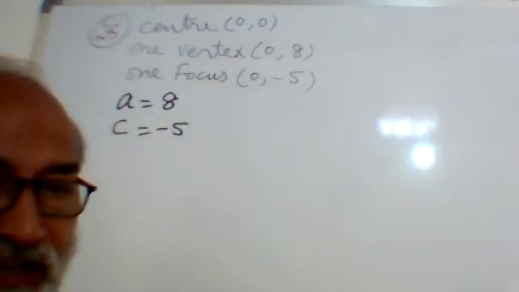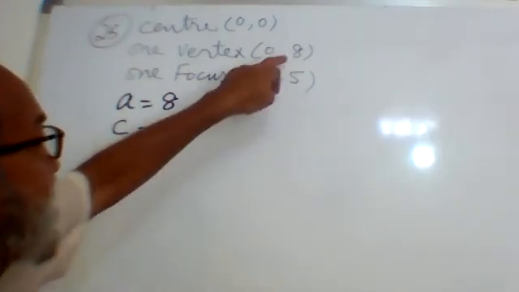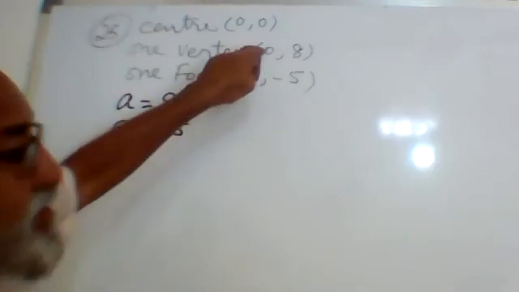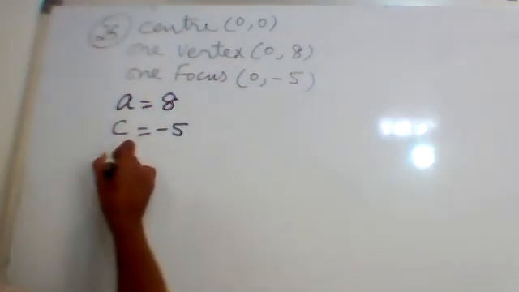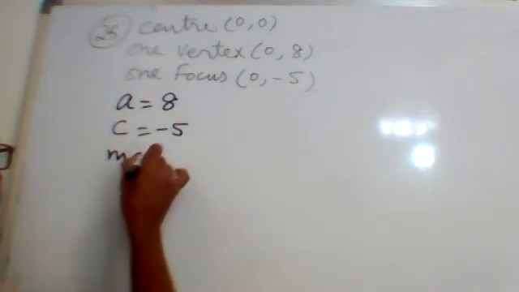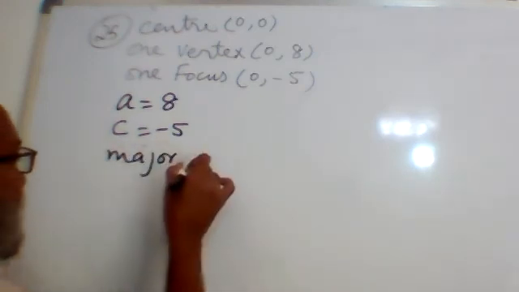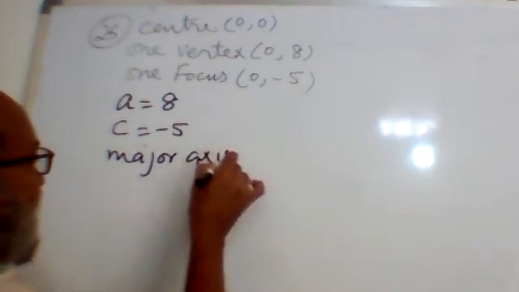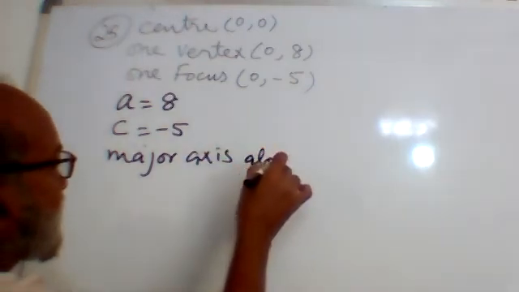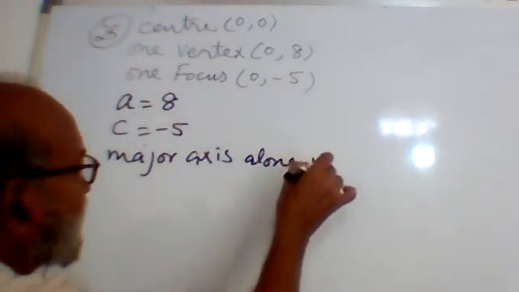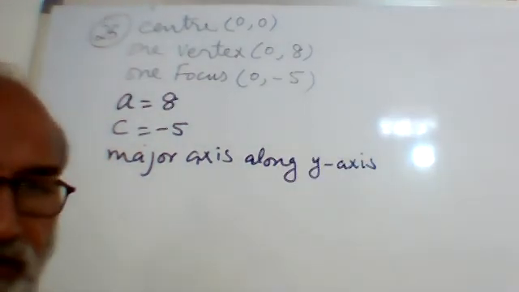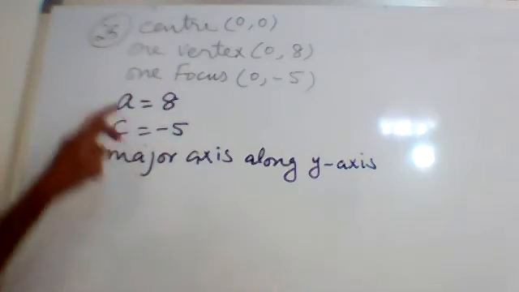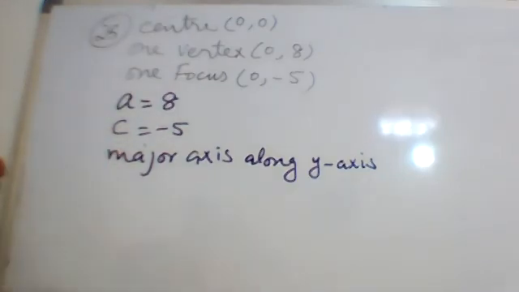So it is on the y axis, y coordinates are being changed, x remains as it is. Therefore, the major axis is along the y axis. Now A is known, C is known, we will find B.